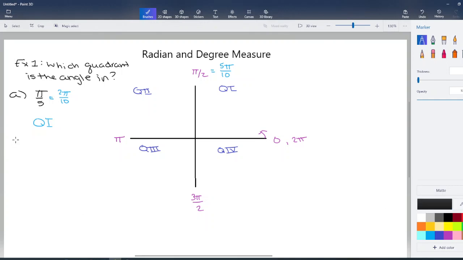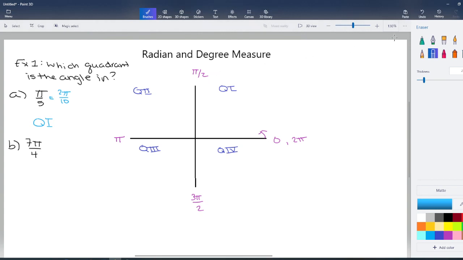Okay, let's look at another angle. So we're going to look at 7 pi over 4. Okay, and again, if we're having a hard time deciding is it bigger than these angles that I have labeled or not, we're going to look at having common denominators, right?